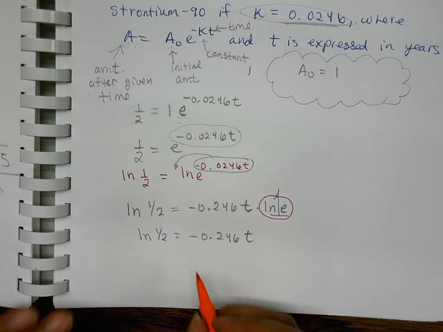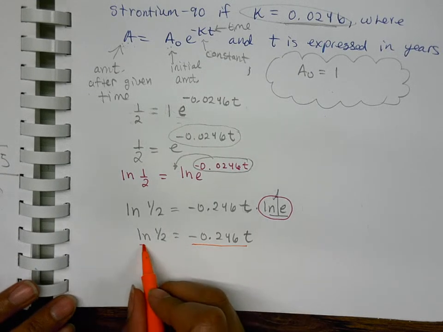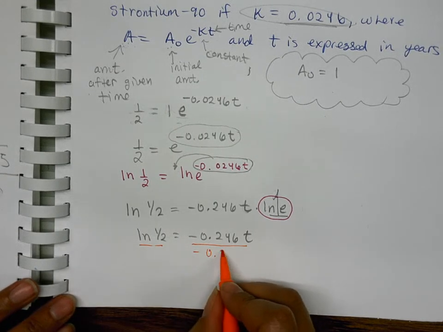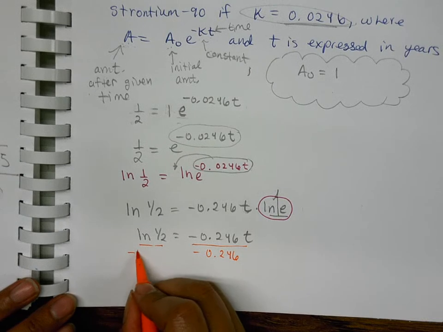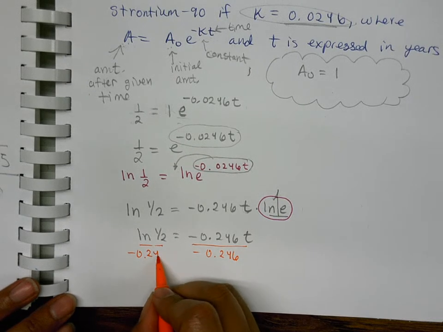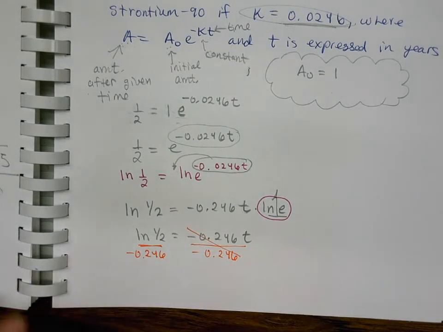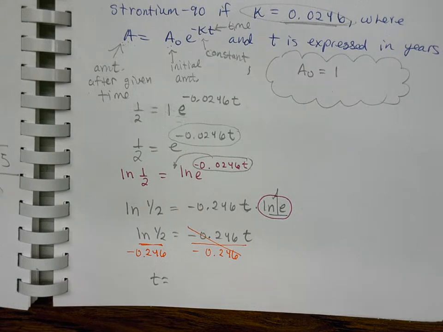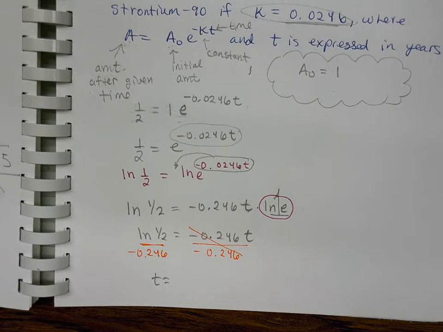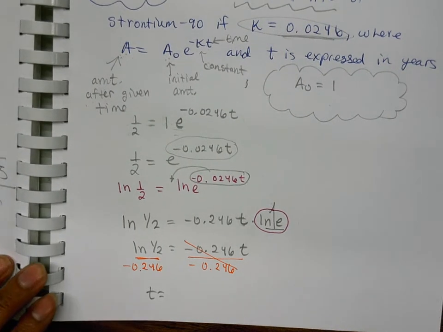And I'm trying to solve for t. So what would I divide both sides by? Negative 0.0246, negative 0.0246, gone. And this is what we plug in our calculator. If you've got it, go ahead and plug it in.